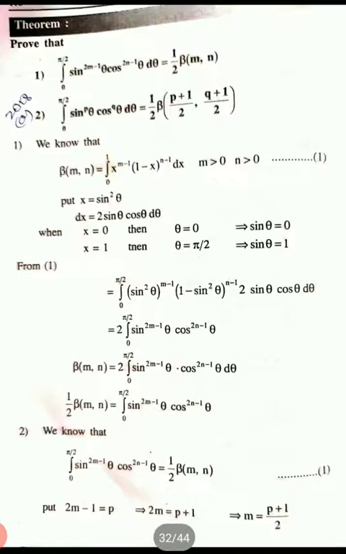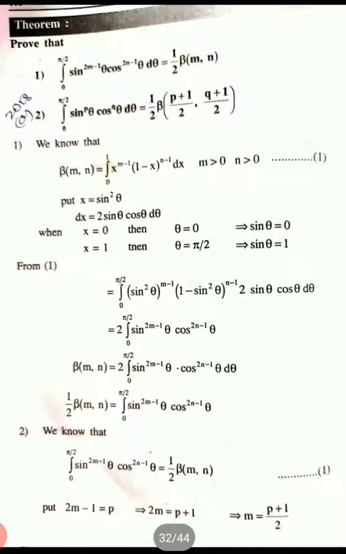Okay, already you know the first one: integration 0 to pi by 2 sin raised to 2m minus 1 theta cos raised to 2n minus 1 theta into d theta is equal to 1 by 2 beta of m, n. But the power you have to prove is in the form of p in the second. That's why I am taking, put 2m minus 1 as p, and 2m is equal to p plus 1. Notice the m, we get (p plus 1) by 2.